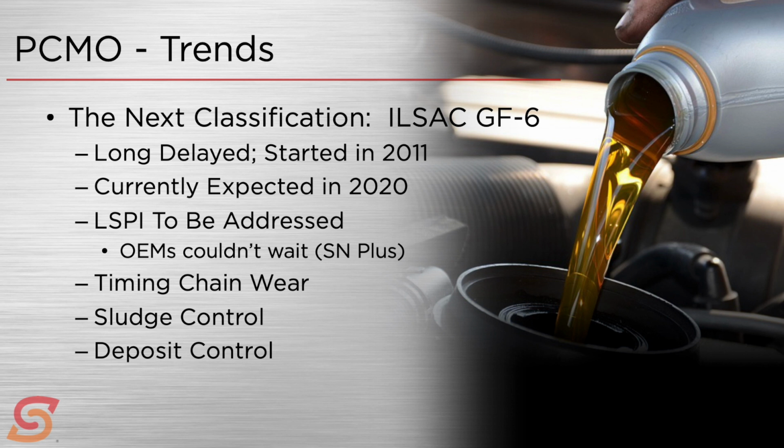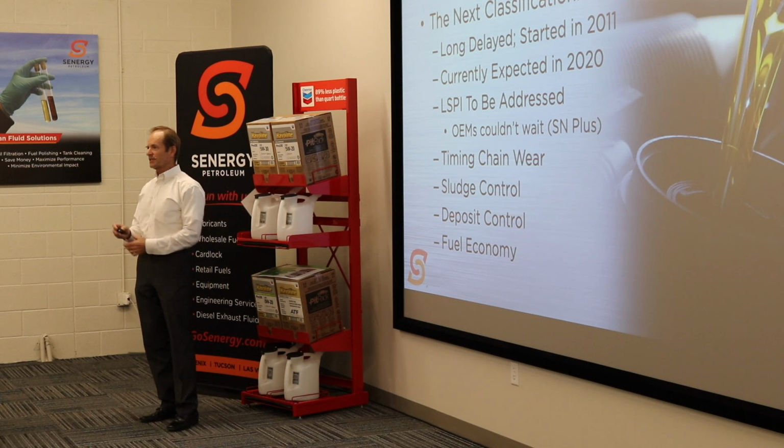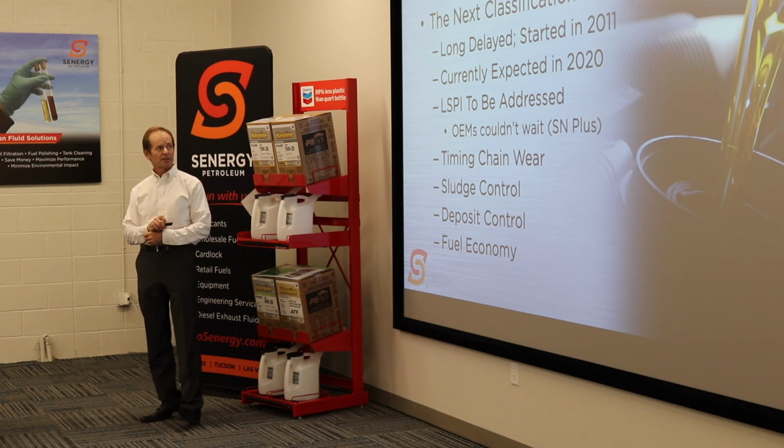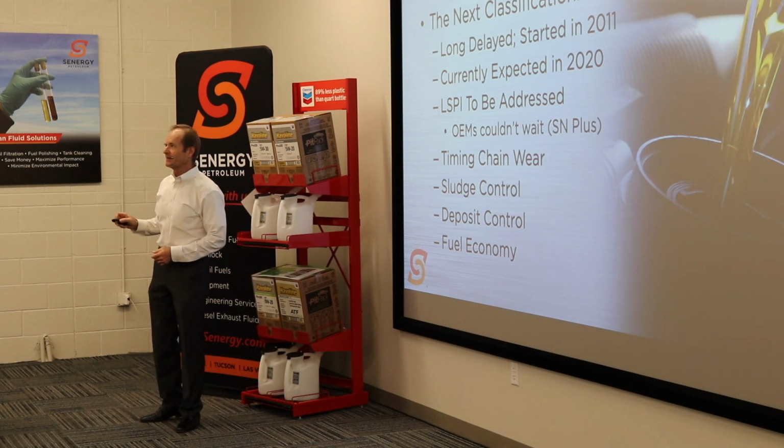If you've worked on engines for a long time and torn them apart over a few decades, you can see the improvement. No question about that. And then also some other changes for fuel economy are built into the GF6 specification. All right, so that's rapidly coming here in 2020.